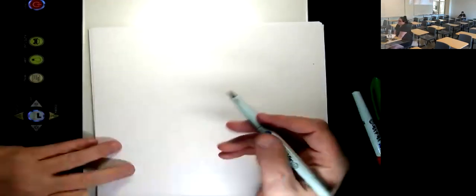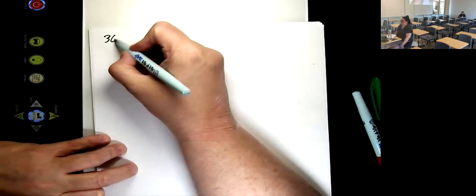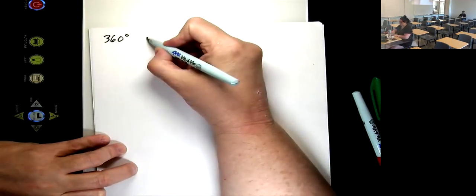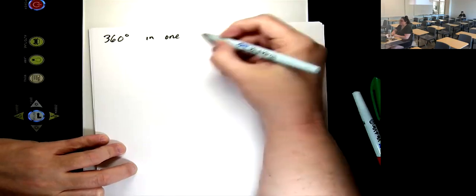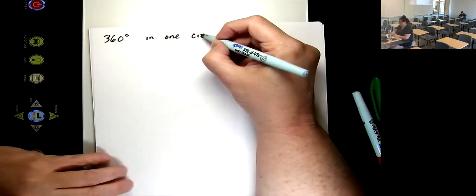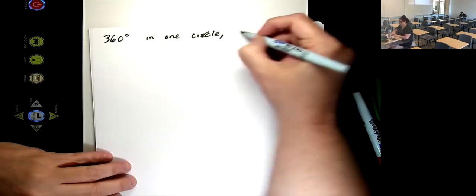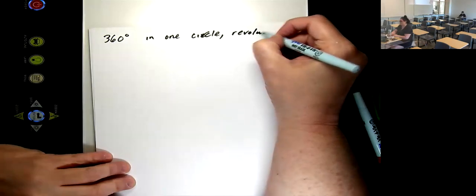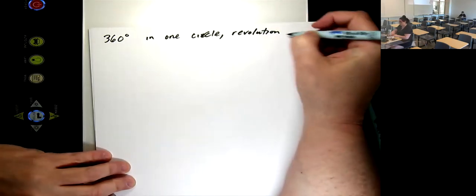So there are 360 degrees in one circle or one revolution. Or a full rotation.